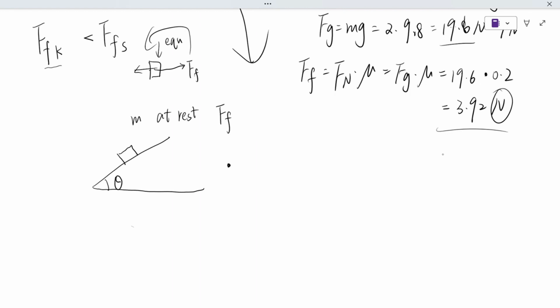This is the center of mass of the object. The first force we're going to draw is the gravitational force, because every object has gravitational force if it is on the Earth. The second thing we have to draw is the normal force. The normal force will always be perpendicular to the surface it touches.